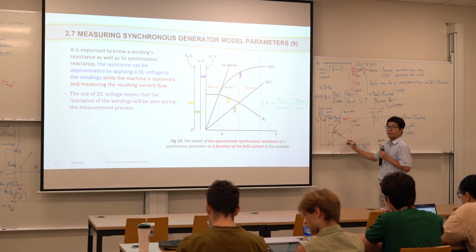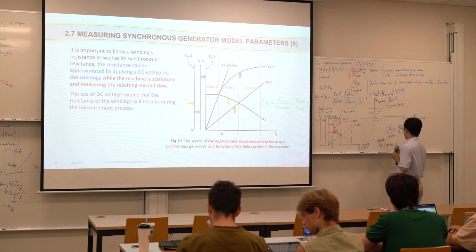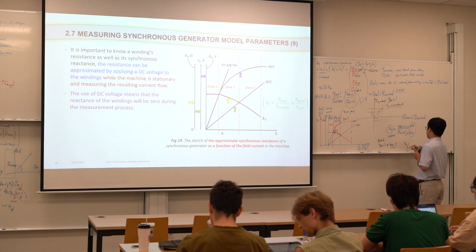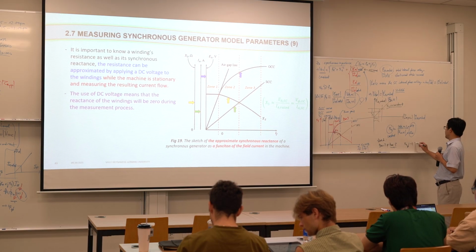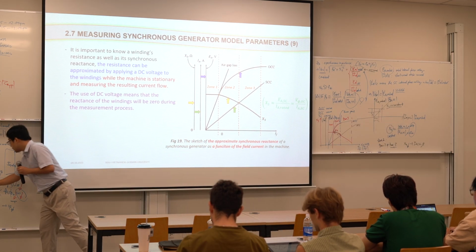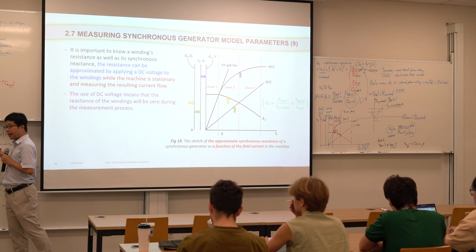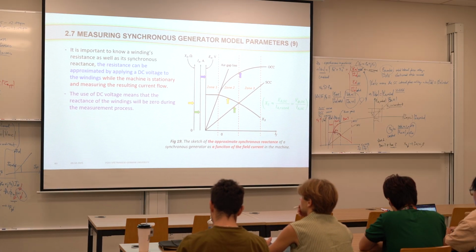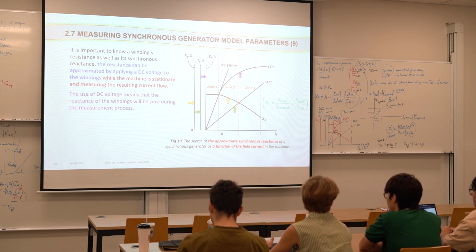If we operate the synchronous generator in zone 2 or zone 3, XS decreases, which means the short circuit current increases. EA is constant, so if XS decreases, IA increases, and then the lifetime of the synchronous generator is reduced very fast. That's all.